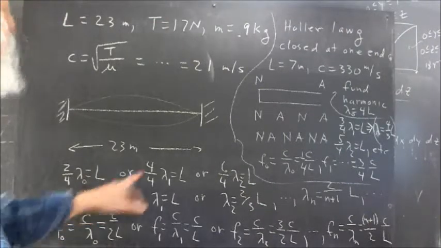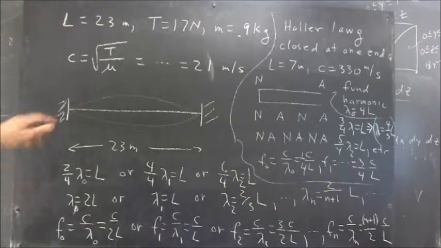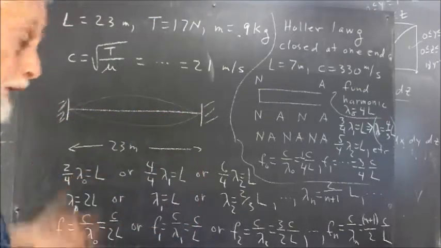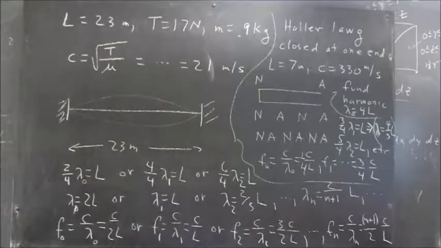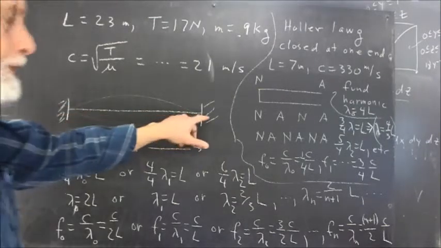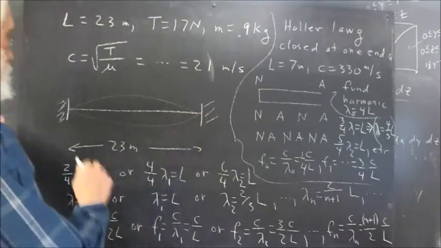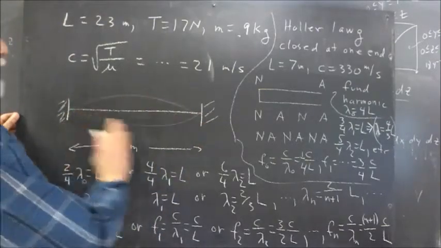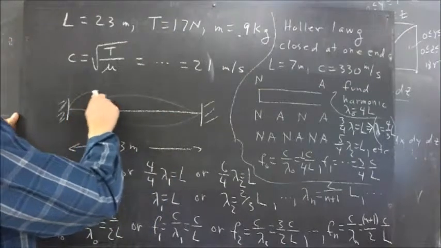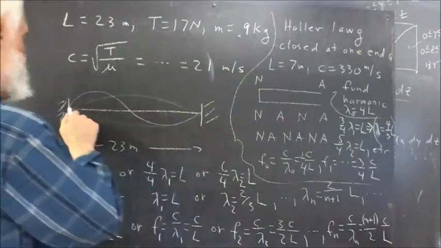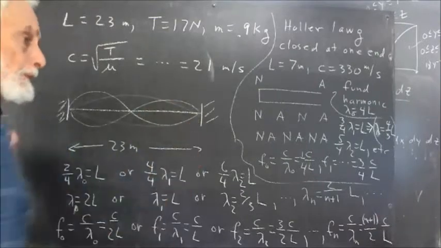Or we could have 4 quarter wavelengths in here. We know that if there are nodes at both ends from the pictures that we saw just a minute ago in the last video, we can have nodes at both ends. And we could have an antinode, then a node, then an antinode, and a node. In other words, our wave could look like this as it goes back and forth.